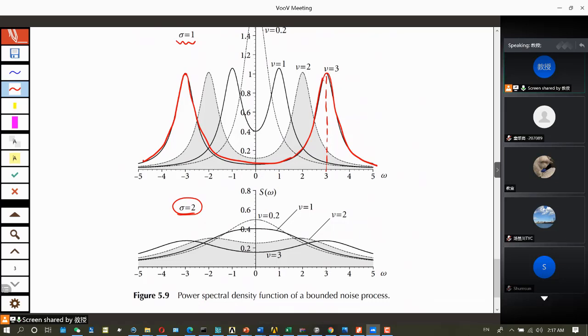You can see for sigma small, it's quite close to nu equal to 3, so this is basically a narrow band. And when you increase sigma, this becomes wider. So the frequency band becomes wider.